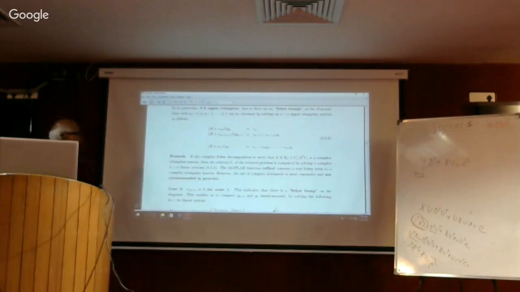Now, this is the simplest case. Suppose that we now have some 2 by 2 blocks on the diagonal. Then how do I handle that case?